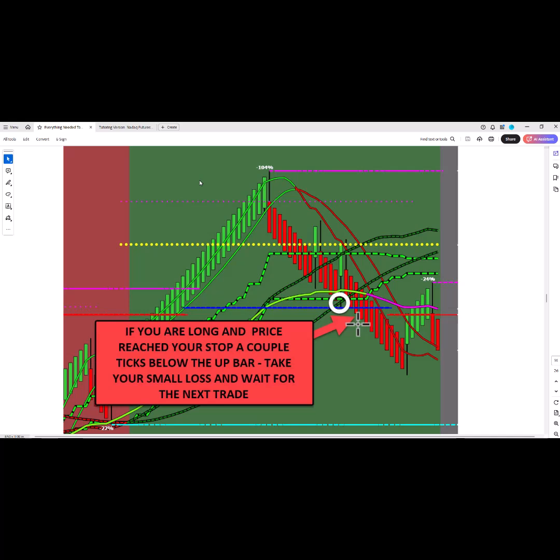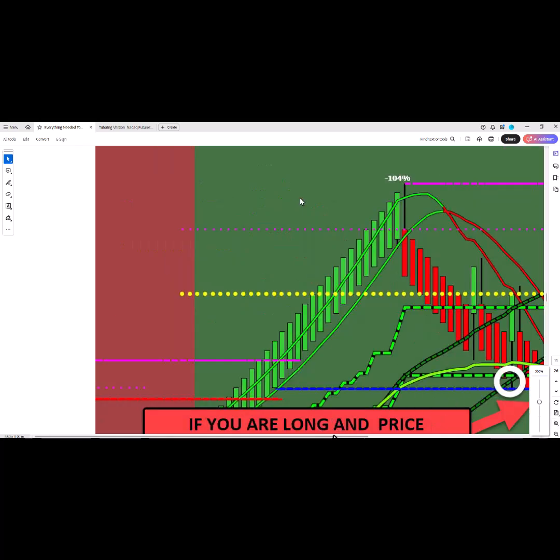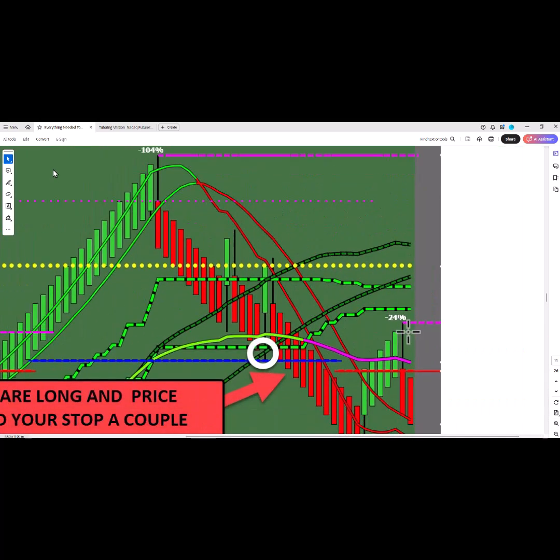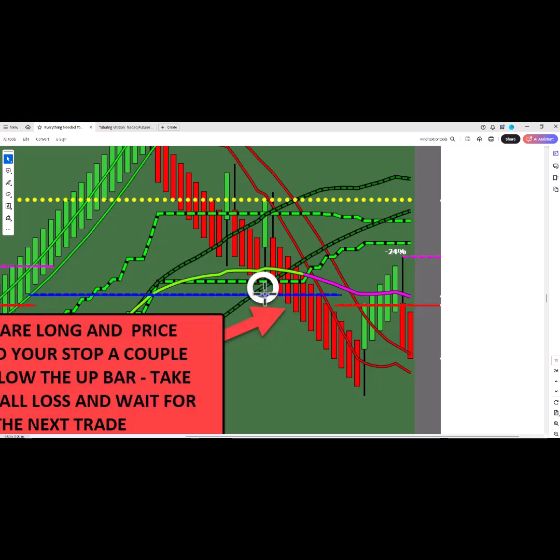And almost without question, 9,000 times out of 9,000 times, as long as price remains below, remember where we talked about where the bar is relative to the small triggers? Because a lot of people say, little fuckers, they got me. I'm going to go long again and again and again because it's got to go up. If you're going to do that, make sure that you're on the correct side of your small trigger lines.